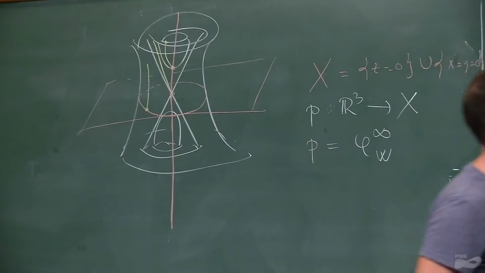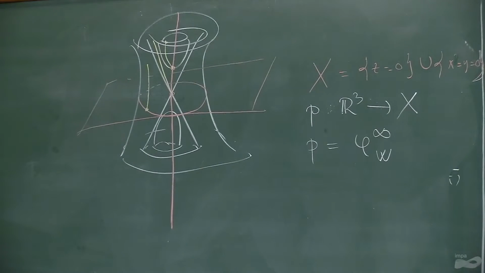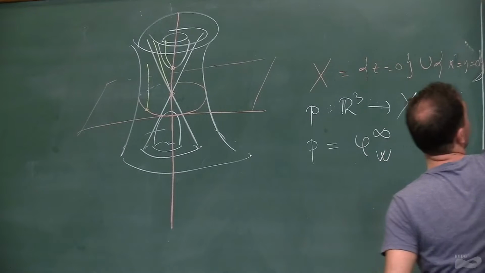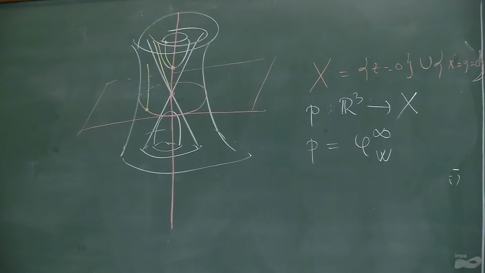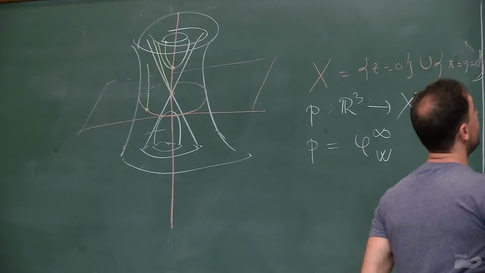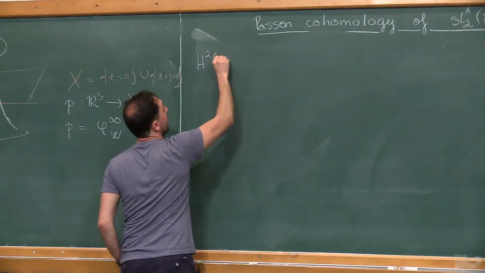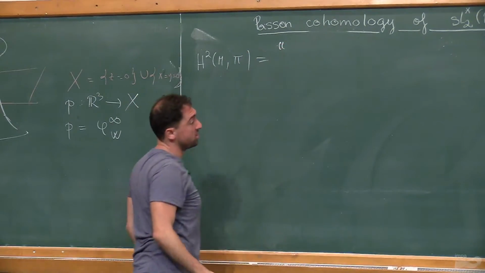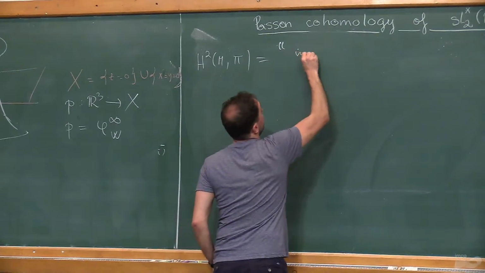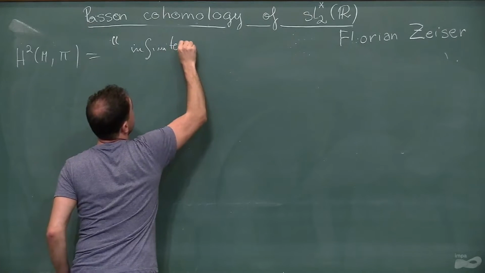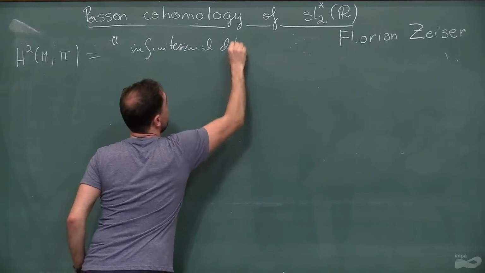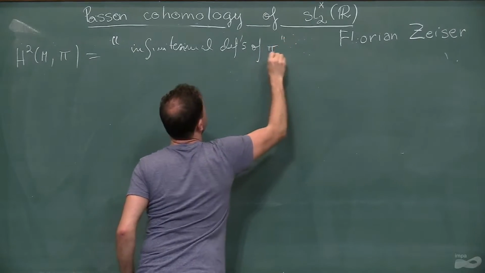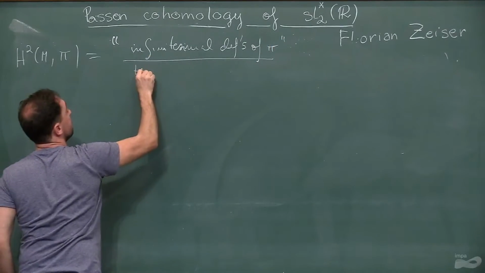I'll go on with telling you what H2 is now, the second Poisson cohomology. In general, for any Poisson manifold, H2 of (M, pi), the way we think about it, but this is already somehow more far-fetched than H1, is infinitesimal deformations of pi modulo trivial deformations.